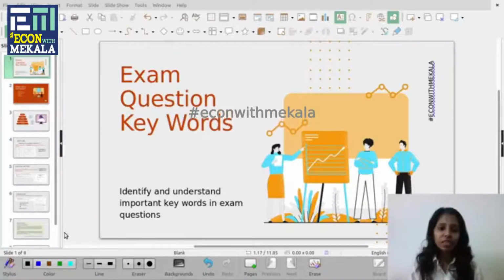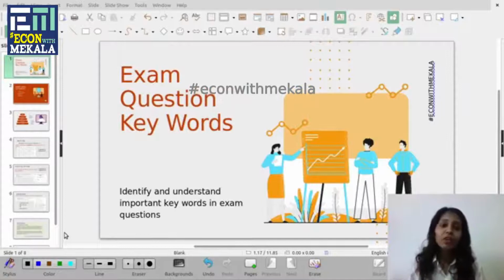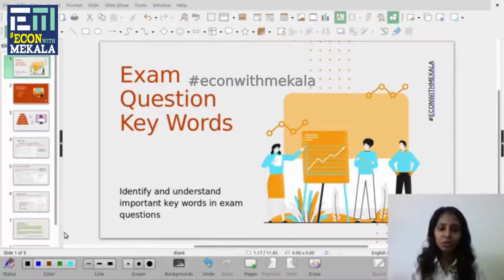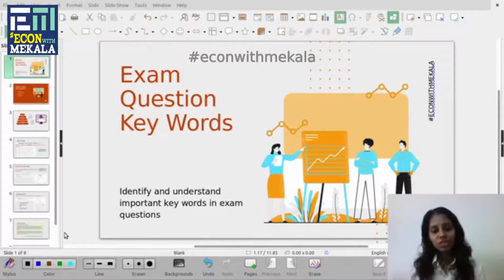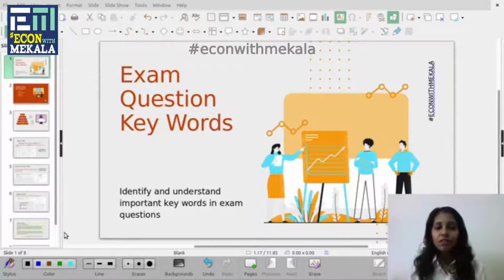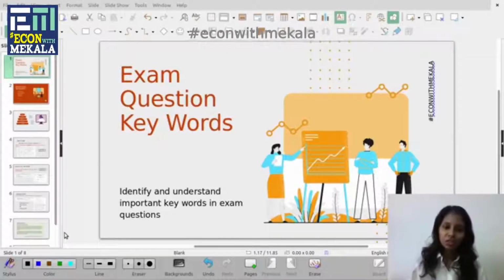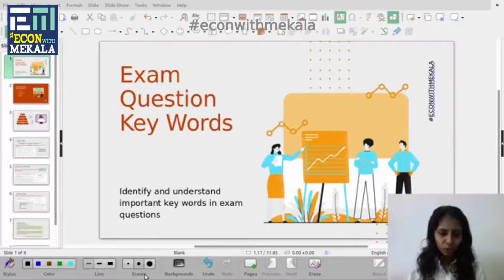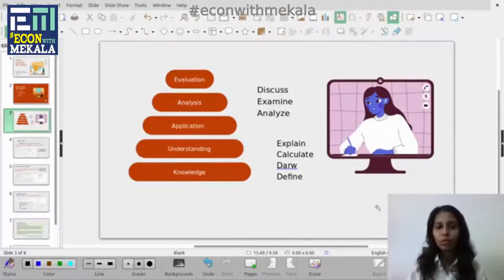We are going to assess skills like analytical skills, application skills, and even evaluation skills. So students should develop critical thinking skills when they want to attempt these questions.